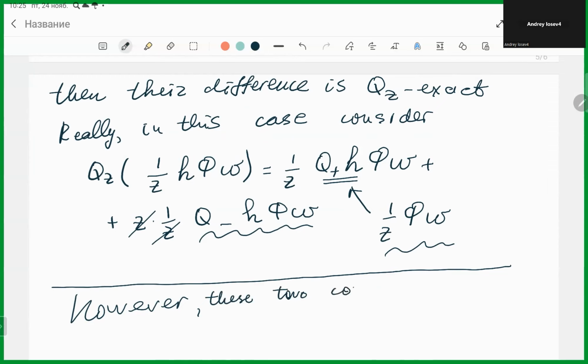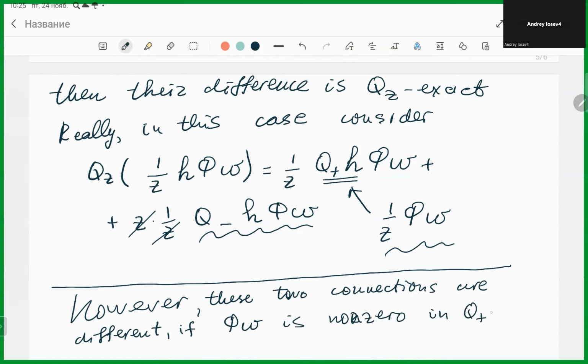However, these two connections are different if phi omega is non-zero in Q plus cohomology.